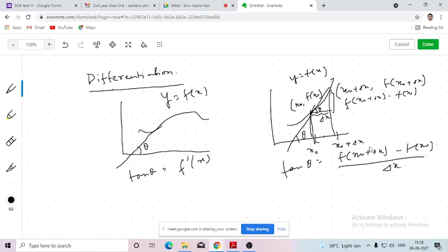If we take this point closer to the other point along the curve, then del x will gradually come to 0.